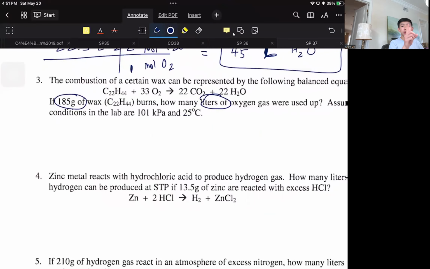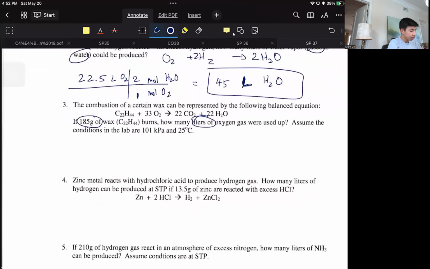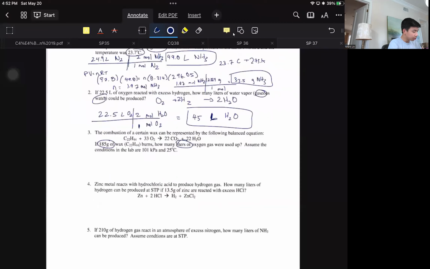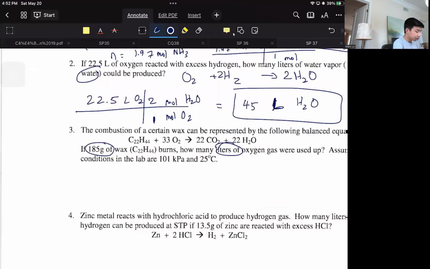The first step is, for grams to liters, it's Gas Stoich and then PV=nRT. But from liters to grams, it's the table, the Gas Stoich, and then PV=nRT.